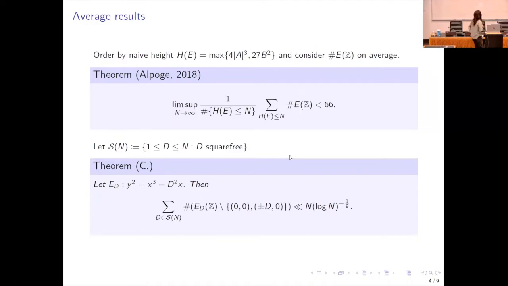So this estimate implies that the number of non-trivial integral points is 0 on average in this quadratic family, and it also bounds the number of curves in this family that have a non-trivial integral point. So it also tells you that 0% of them have a non-trivial integral point.